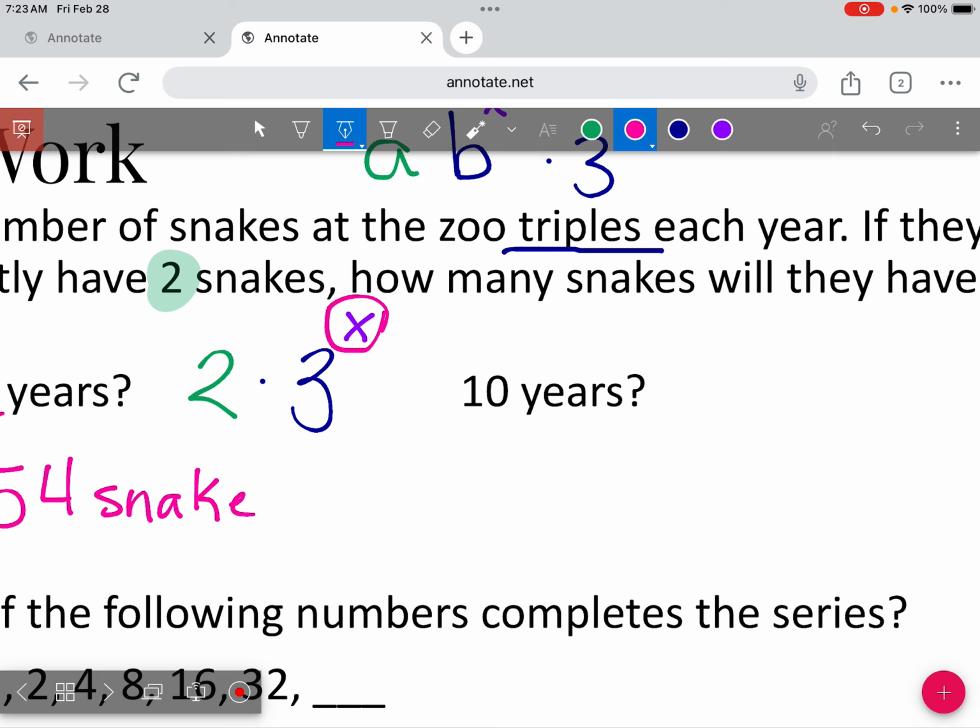They're going to have almost 1,200,000 snakes. So we would get 118,098 snakes. That is a lot of snakes.